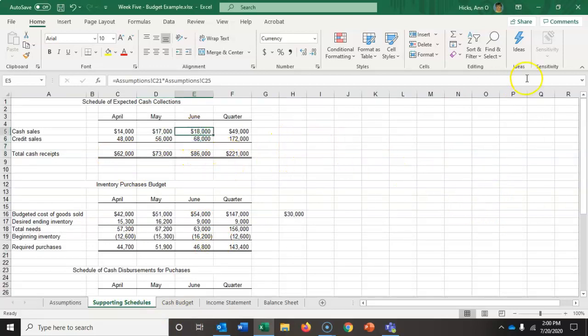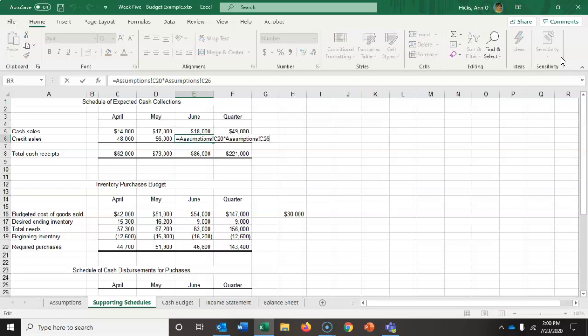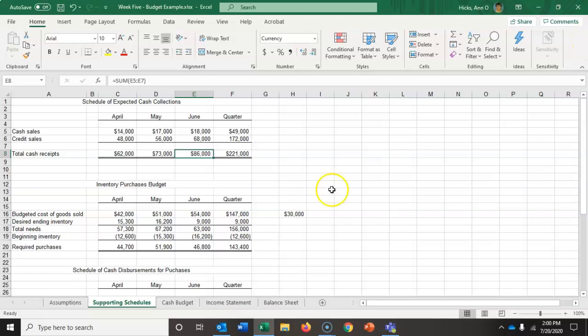Then June, we'll go through the same calculation. 20% of June sales are the cash collections, 80% of May sales are the credit collections, and we have $86,000 in cash collections for the month of June. So these numbers we will need for our cash budget when we prepare that in a few minutes.